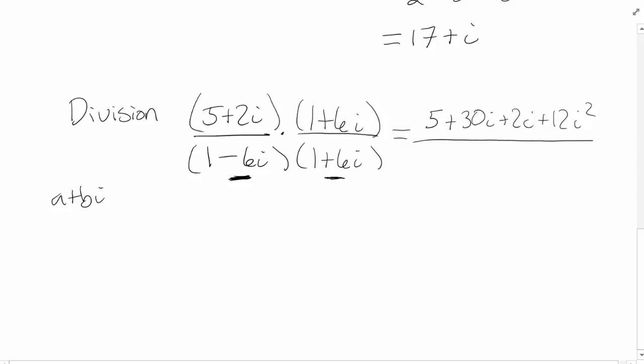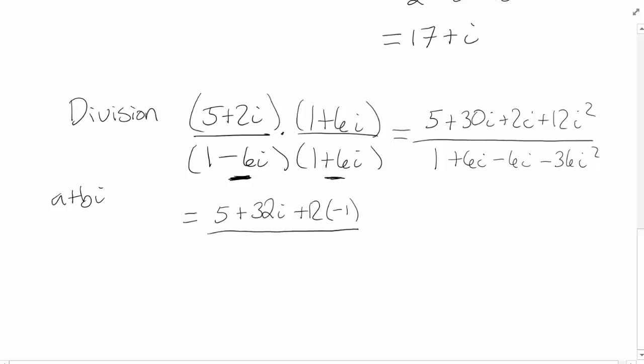FOIL at the denominator, I get a 1 times 1, that's 1, plus a 1 times 6i, that's 6i, and then a -6i times 1, that's -6i, and a -6i times 6i is a -36i squared. If I start combining like terms in the numerator, I have a 5 plus 32i plus 12 times i squared, which is -1.